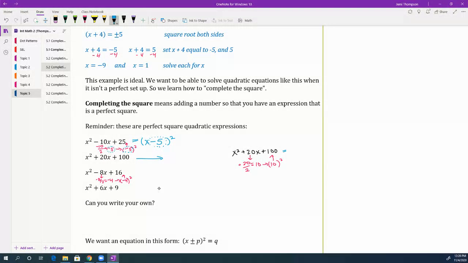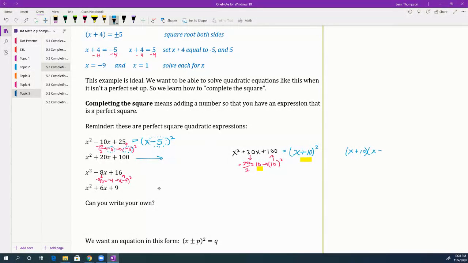So here's my shortcut. I can rewrite this in factored form by doing x, and then whatever half of this is goes here. So plus 10. Now we know that x plus 10 squared is x plus 10 times x plus 10.